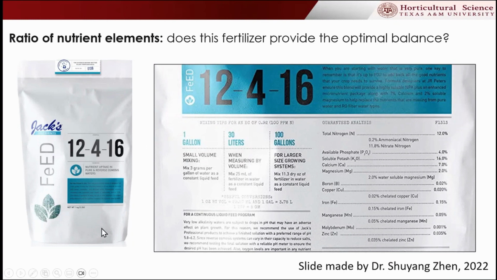So here is the same fertilizer we mentioned in previous slides, the JAX 12-4-16. And you may learn here that this fertilizer is especially designed for hydroponics production, and they also recommended you can use pure water or RO water for this fertilizer.